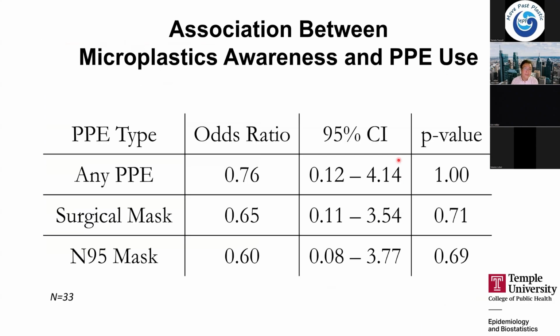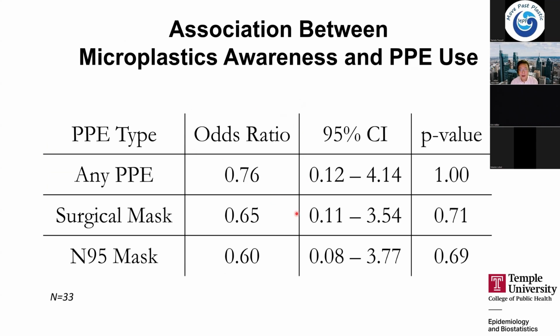So we were puzzled. We tried to see whether there is any association between microplastic awareness and personal protective equipment use. We thought that those who are aware of microplastics would wear personal protective equipment a lot. However, our result did not show that trend.